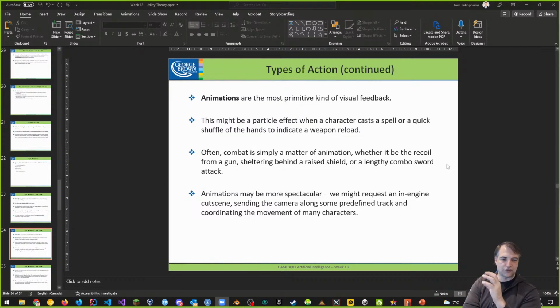So if I'm changing from one frame to the next frame, that's frame-based animation. Or in a 3D scenario, I'm using my armature, my bones, to manipulate or affect the 3D mesh.